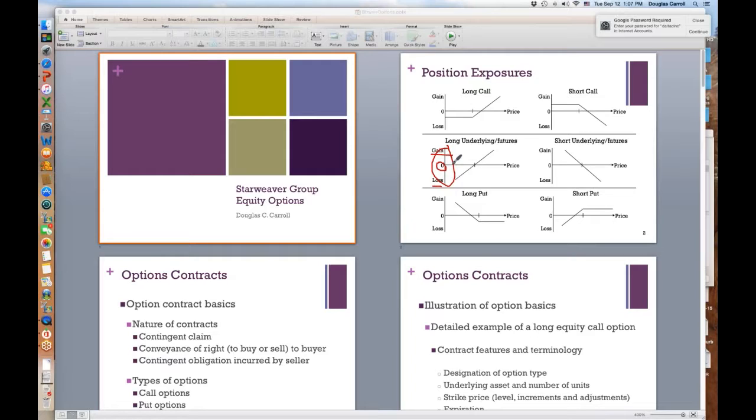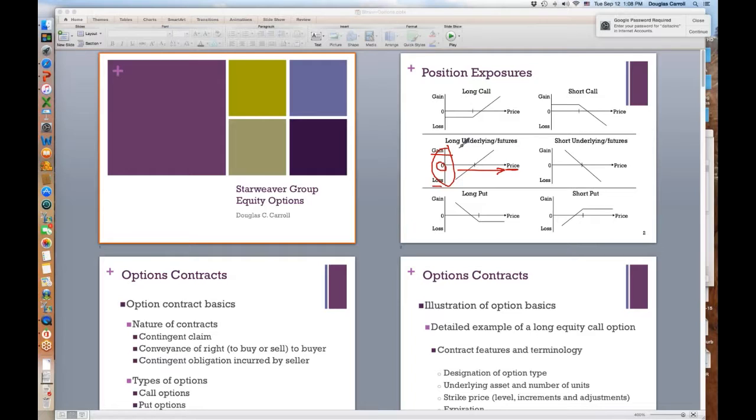If you end up right on the horizontal axis, the position is broken even. And the horizontal axis itself represents the level of the price of the related security or commodity, oftentimes referred to as the underlying. And this diagram assumes increasing prices of the related security moving to the right.